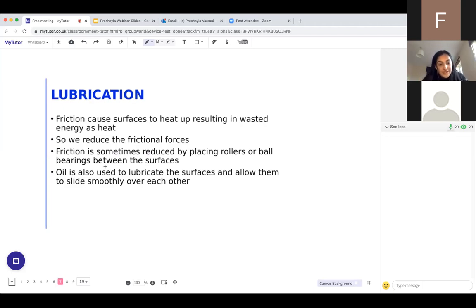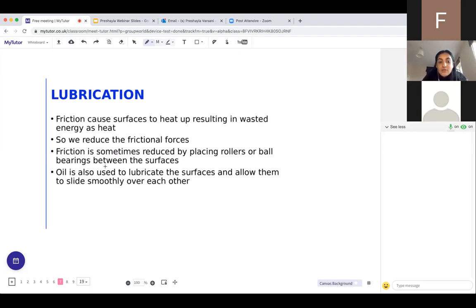It's not useful to us. So we need to reduce the frictional forces. The frictional forces is what is causing this heat to be wasted. So we need to reduce it. We need to reduce the effect that friction has on our object. The way that we do this is either by placing rollers or ball bearings between surfaces, but in most cases we use oil.